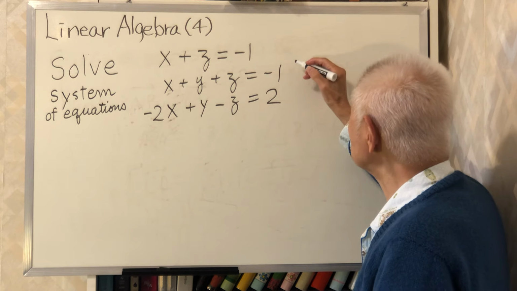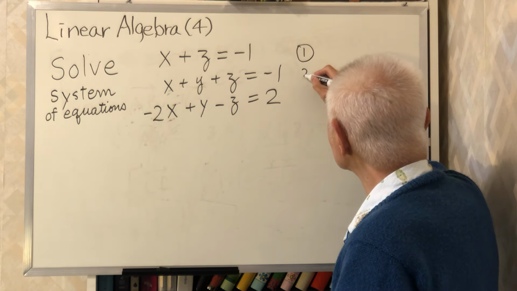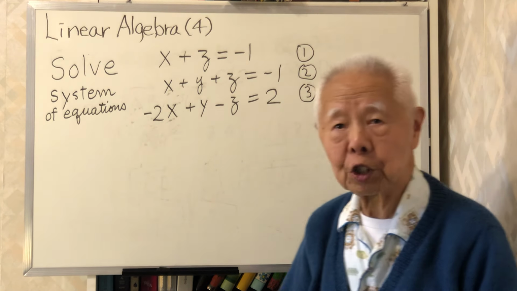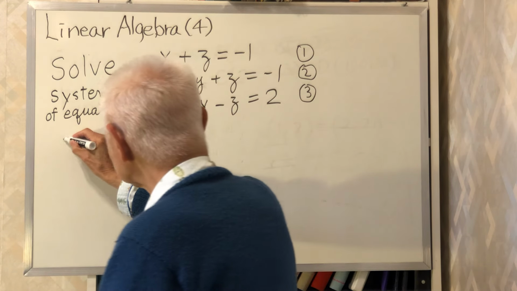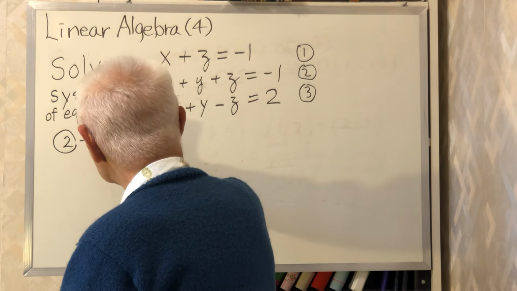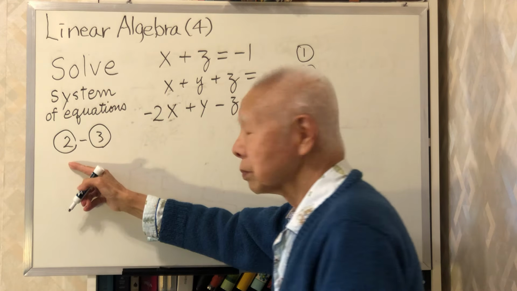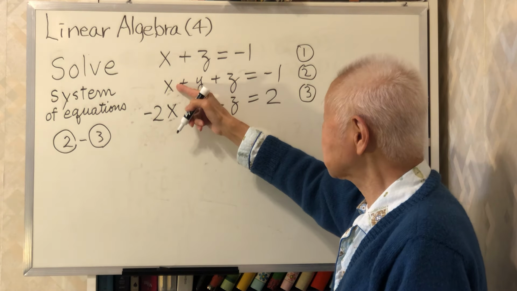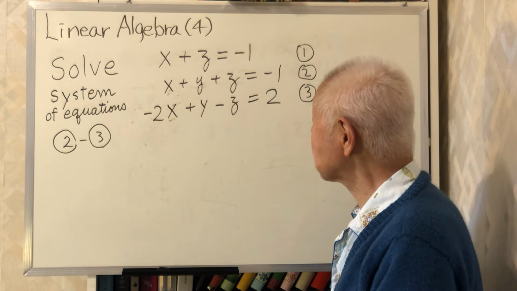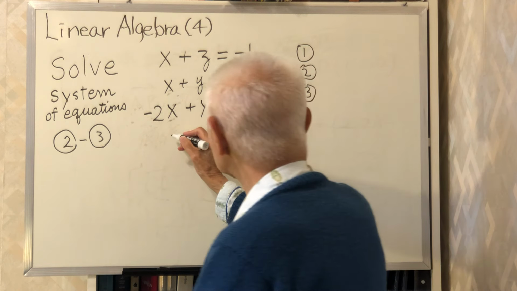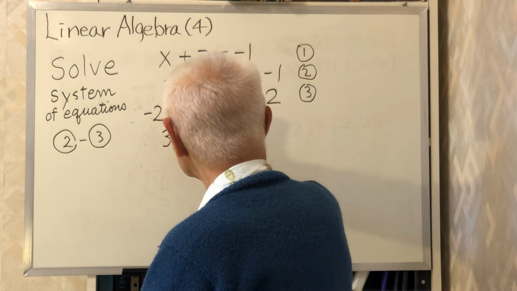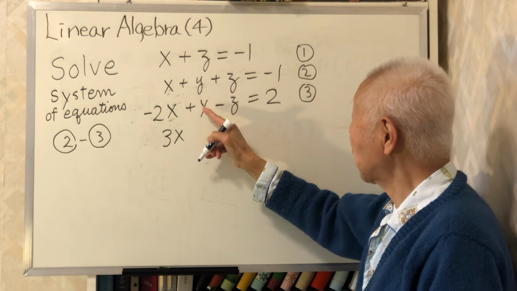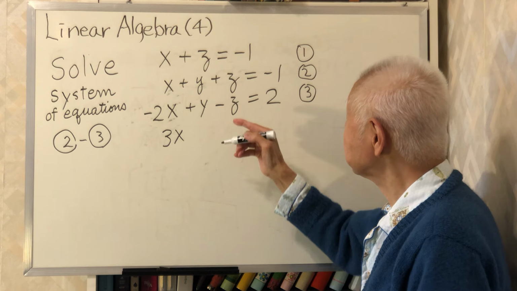So this is 2. The last one is equation 3. So I do this. Equation 2 minus equation 3, x minus negative 2x, 3x, y minus y is gone.